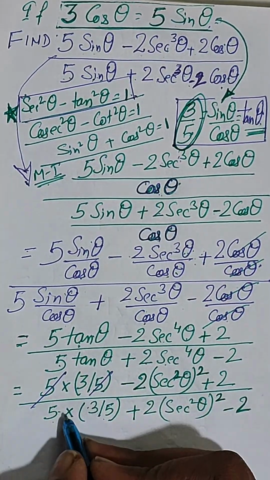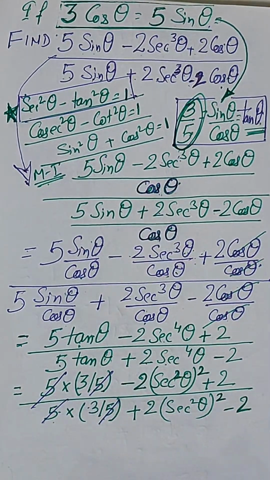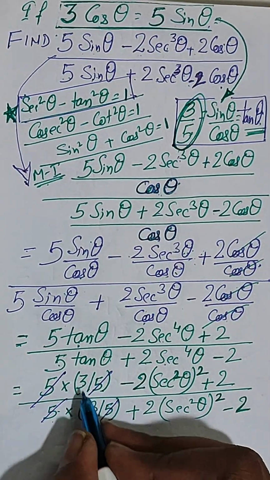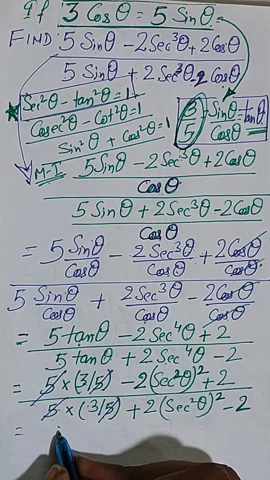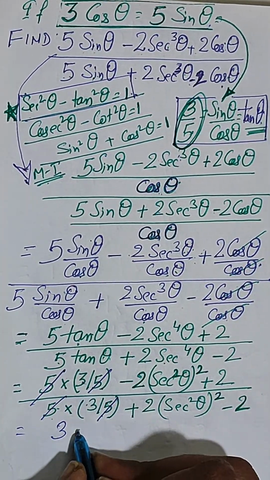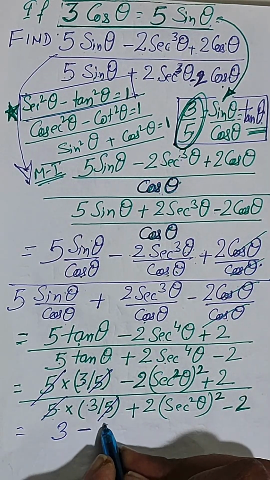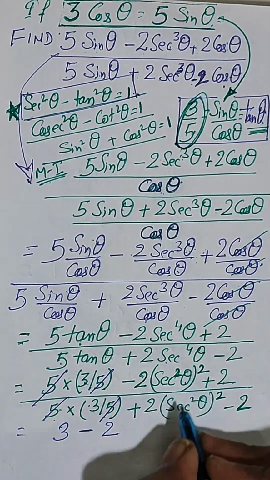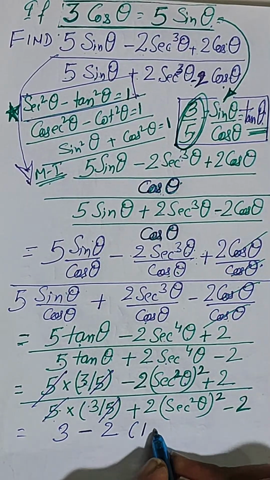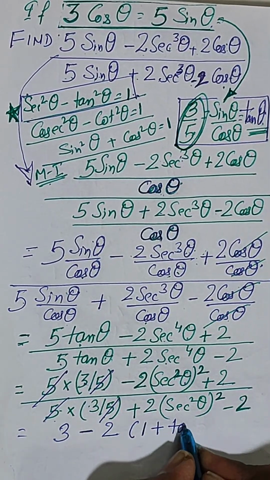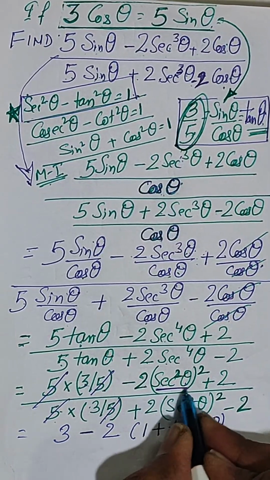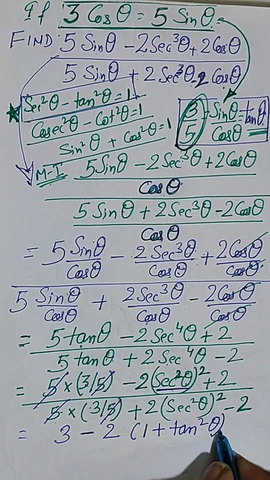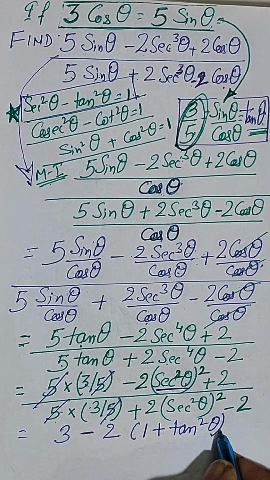5 will be cancelled here and 5 will also be cancelled over here, and this will become 3 plus 2, 3 minus 2 times sec square theta. This sec square theta can be written as 1 plus tan square theta, right?